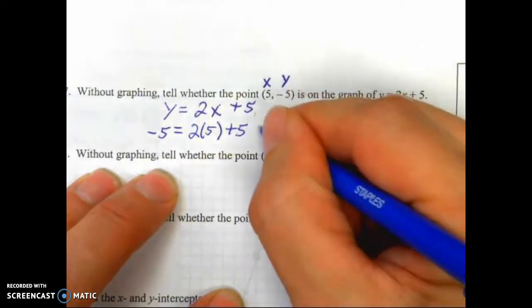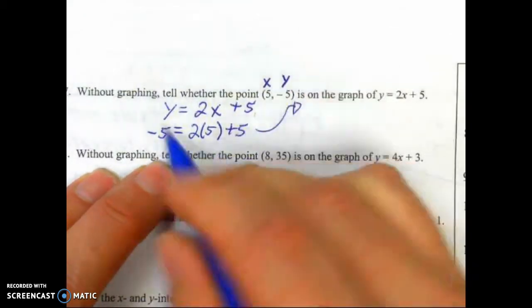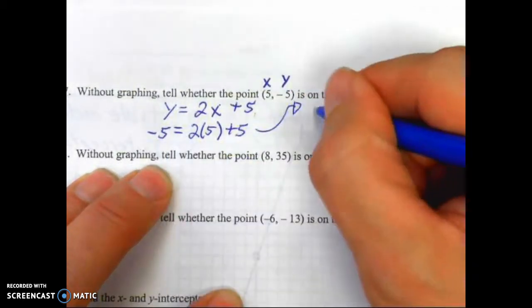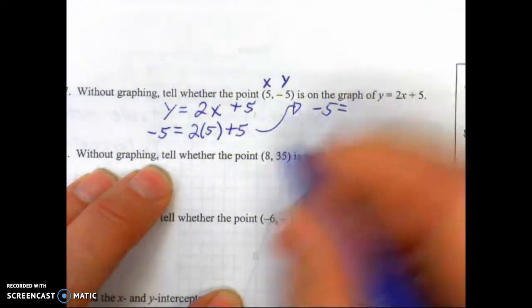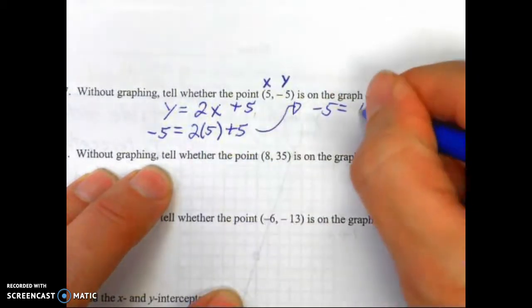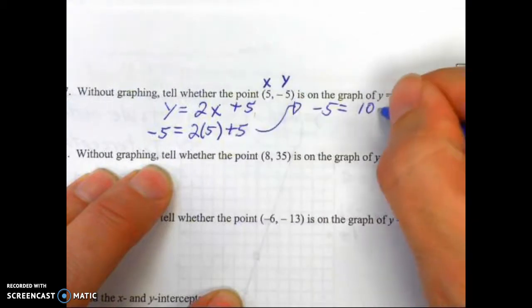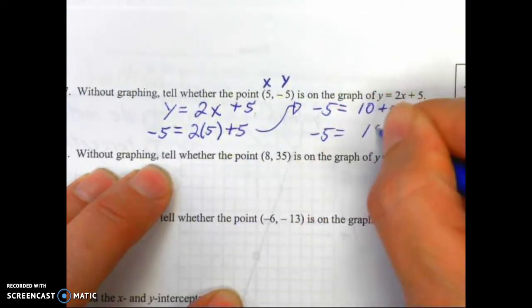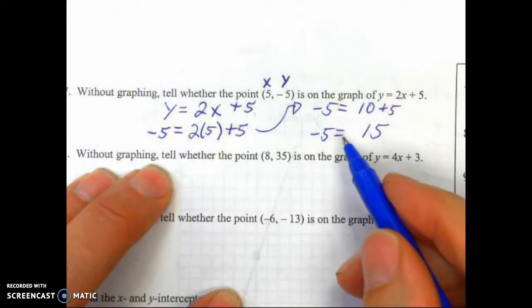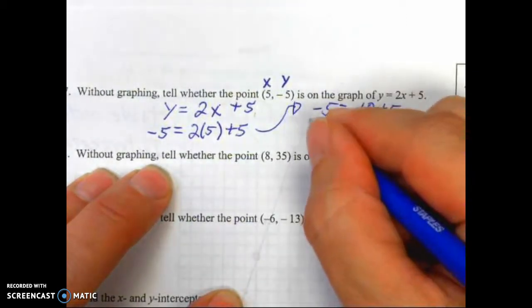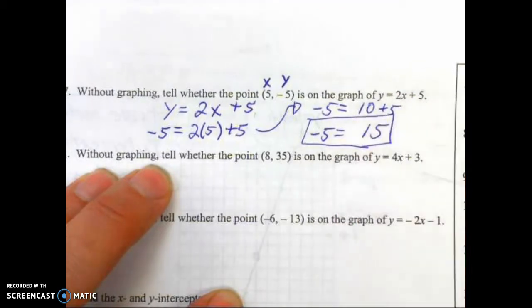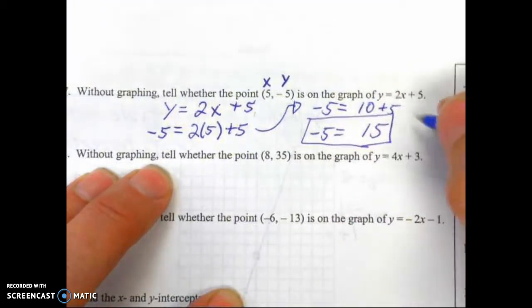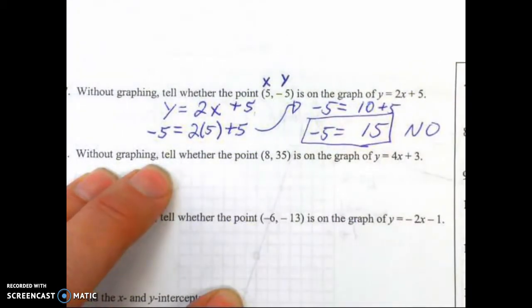Now I'm going to do my math real quick. Obviously, there's no math on this side to do, so it's -5 equals 2 times 5 is 10, 10 plus 5, and I think you can tell what's going to happen. 10 plus 5 is 15. That is why this is a no. So then you can put the word no for number 7.